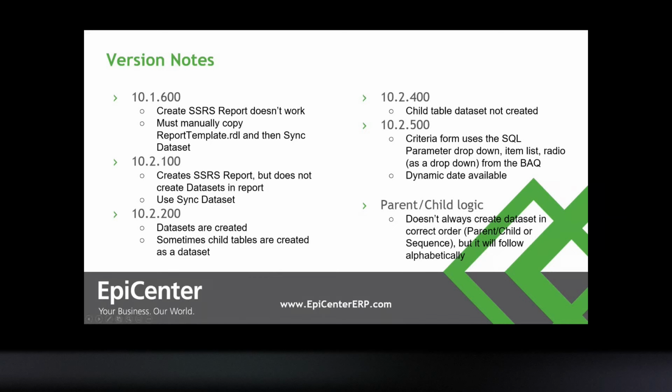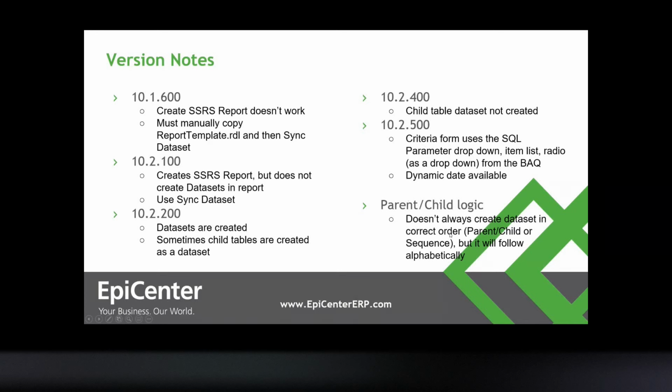After that point, the data sets were created. And in some versions, you would find extra tables or extra data sets. Getting the criteria from the SQL parameters did not occur till 10.2.500.